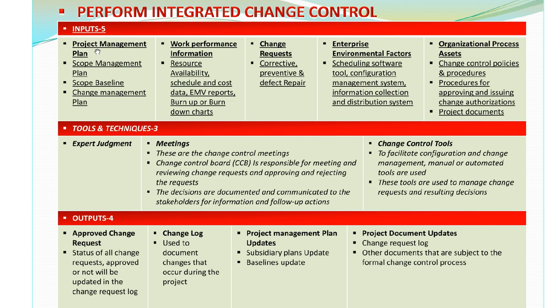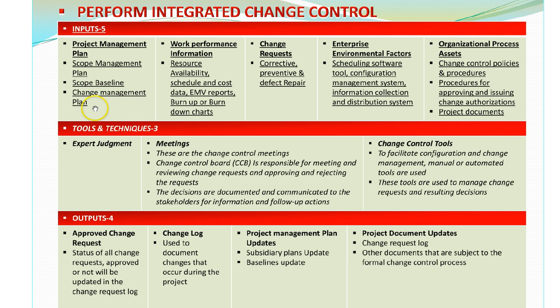We need the project management plan. We need the scope management plan, scope baseline, and change management plan. Now why do we need especially these subsidiary plans? Because if there is any change, it is going to affect the scope, it is going to affect the baselines, and it is going to affect the project management plan.